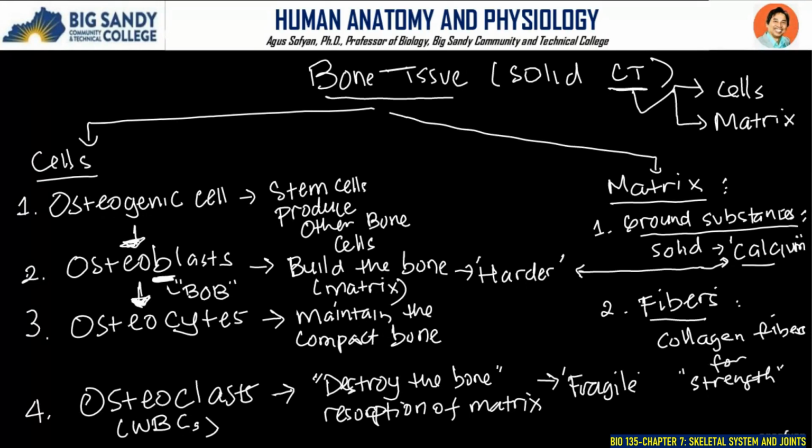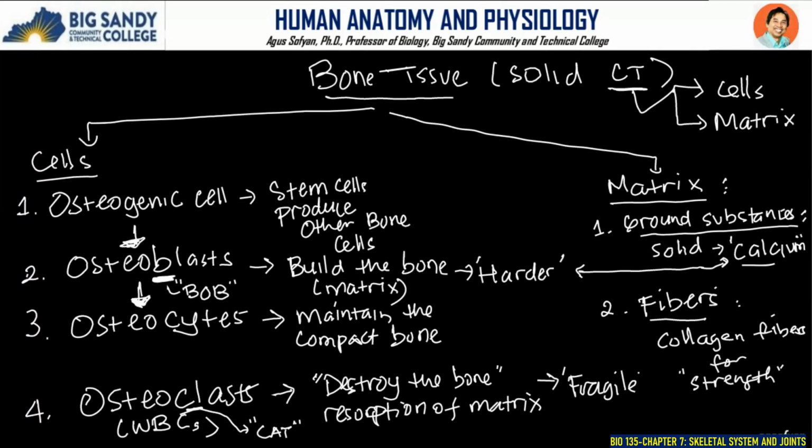Bob the Builder. Now, who destroys the bone? The one that makes the bone become fragile. It starts with C, right? Osteoclast. So I usually use cat to remember the name. So cat, if you have a cat at home, it will destroy a lot of things at your house, right? Your couch and other, bed, for example.